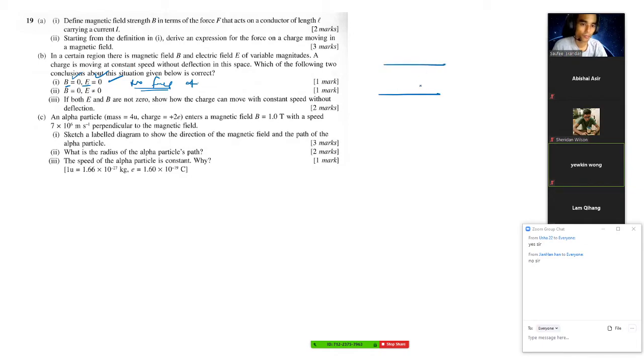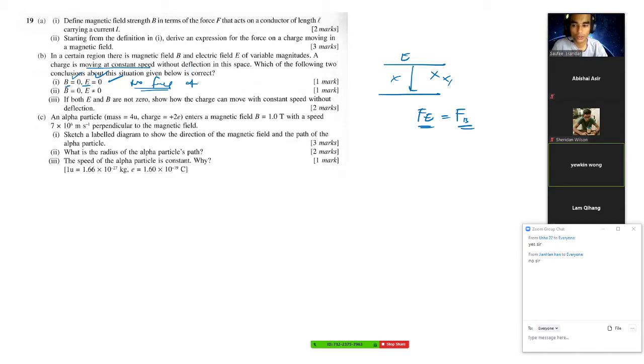We have E pointing down and B pointing into the screen, and both of them are cancelling. The force of E is cancelling the force of B. E has a value and B also has a value, but they cancel each other. So the charge is also moving at constant speed, right?